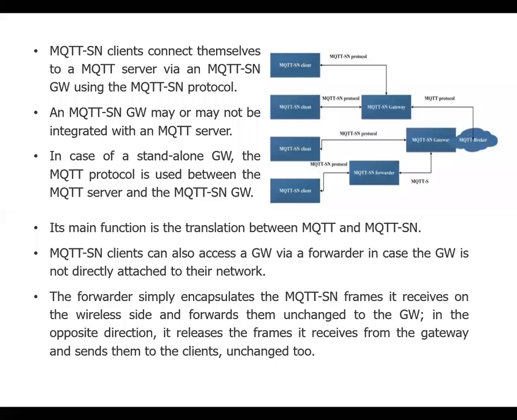Alright, so if you see the picture, you have MQTT-SN clients on the left-hand side, and they are connected to the MQTT-SN gateway using MQTT-SN protocols, and this one is also connected with a gateway. So they are connected to the MQTT broker through gateways, and there is one forwarder as well.